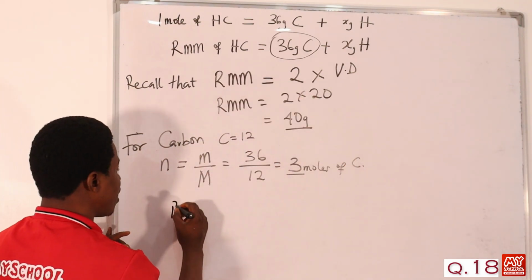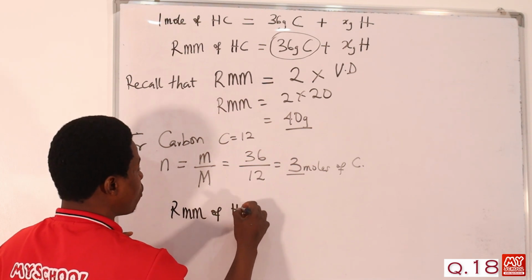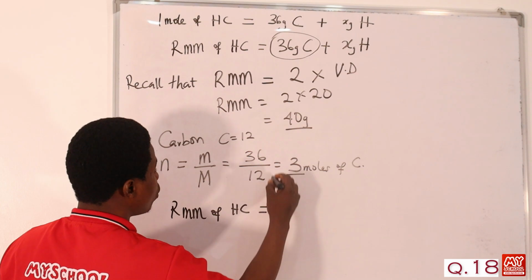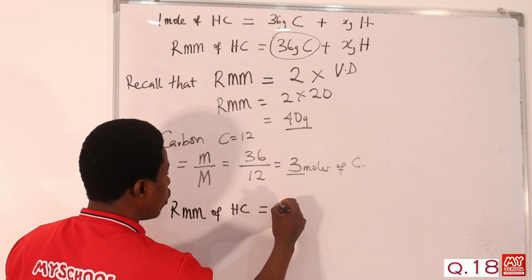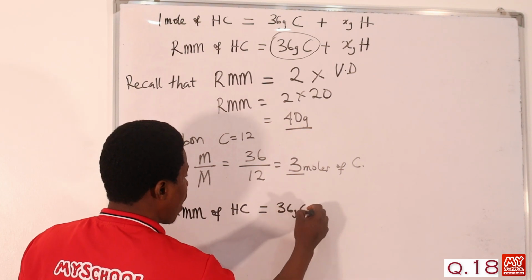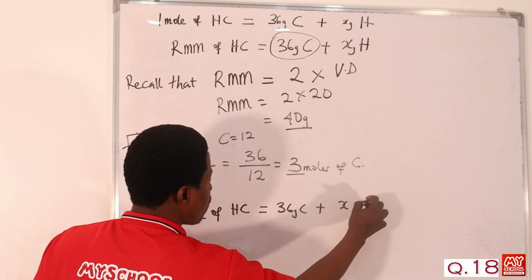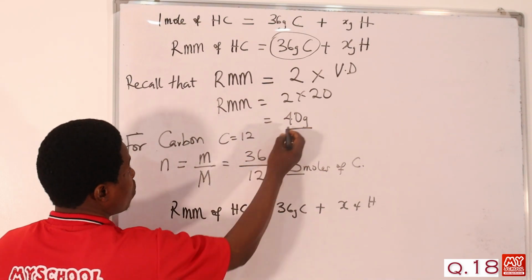So we can now say that the relative molecular mass of the hydrocarbon is equal to the 36 grams of carbon plus X of hydrogen. The relative molecular mass we got to be 40 already.